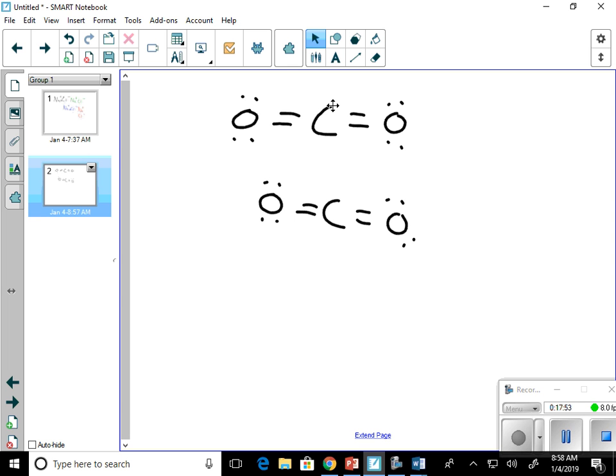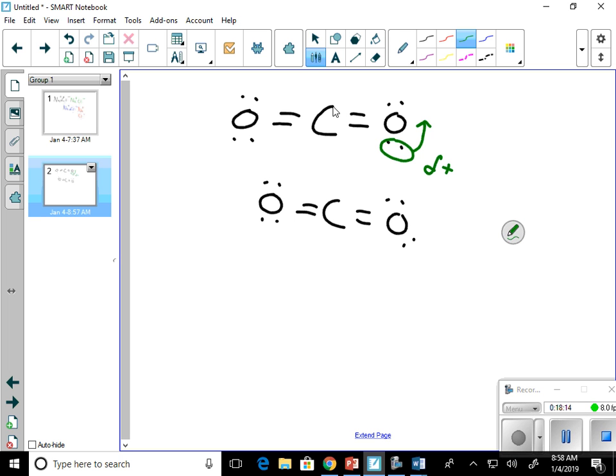However, when I draw these dots around the oxygen, those electrons aren't stationary. They're not stuck in one place. They're moving around. So let's say at one particular instance, that set of electrons moves up. That also makes this oxygen a little bit partial positive.